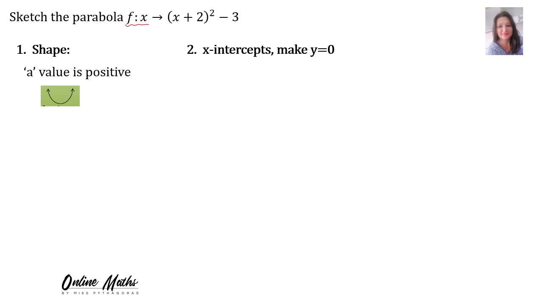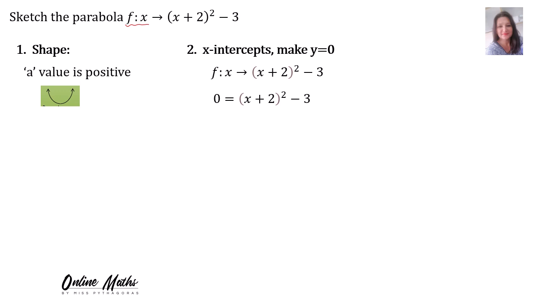The second thing we do, remember we use the 5-point plan. So we find number 2, the x-intercepts, and the rule is make y 0. So when we make y 0, we end with 0 equals bracket x plus 2 squared minus 3.